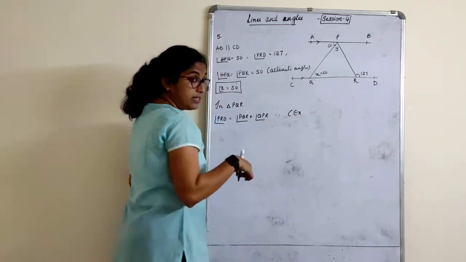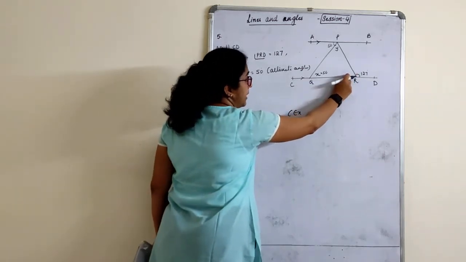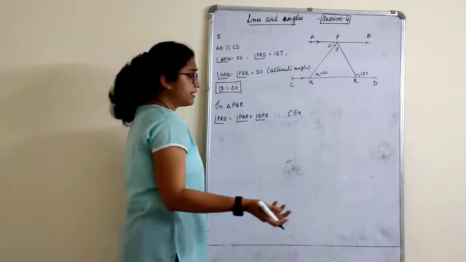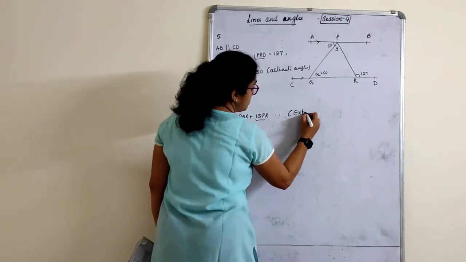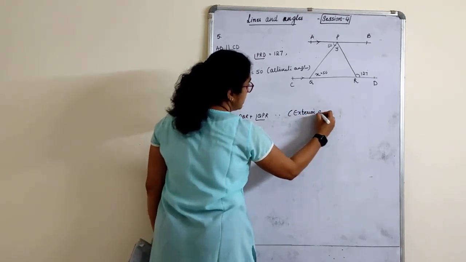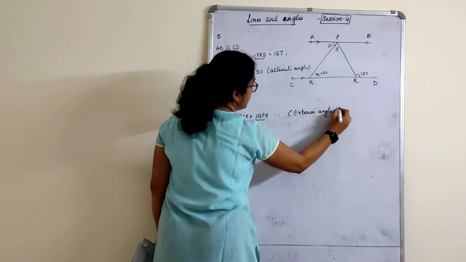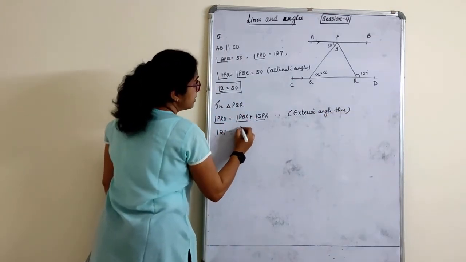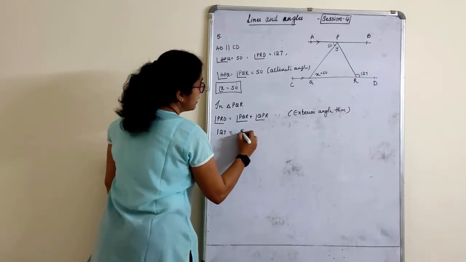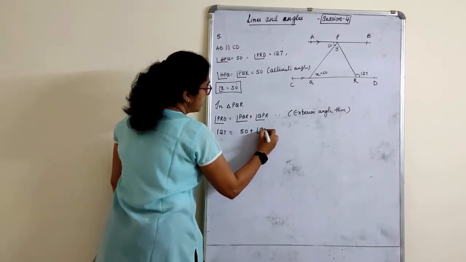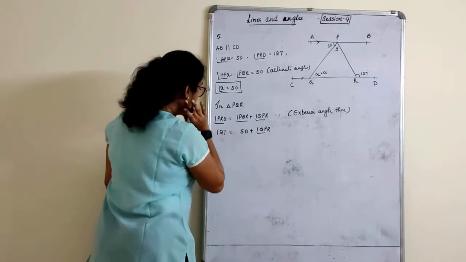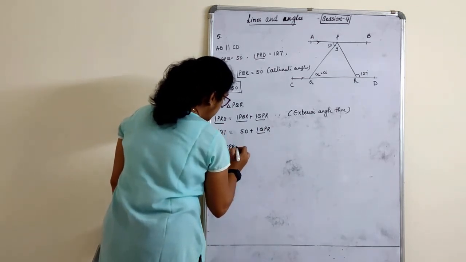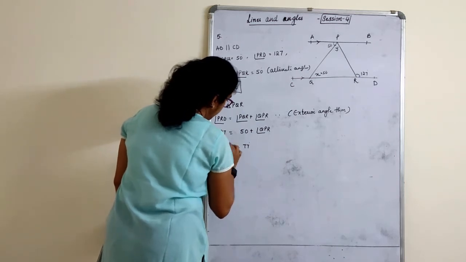Otherwise, you can find this with a linear pair: this angle plus this angle plus this angle sum. That way also it can be done. Reason: exterior angle theorem. So PRD is 127, PQR is 50 plus angle QPR. So 127 minus 50. Angle QPR is equal to 77.